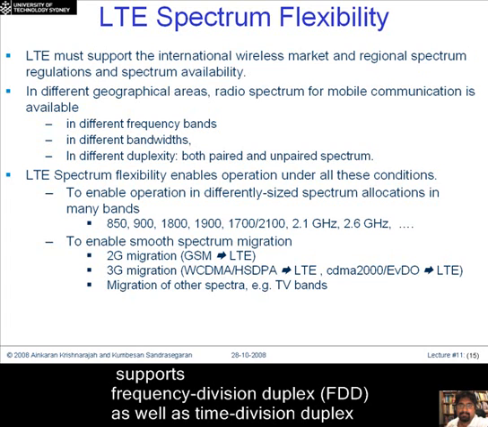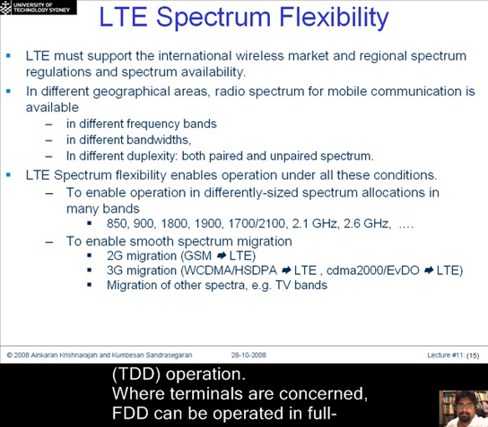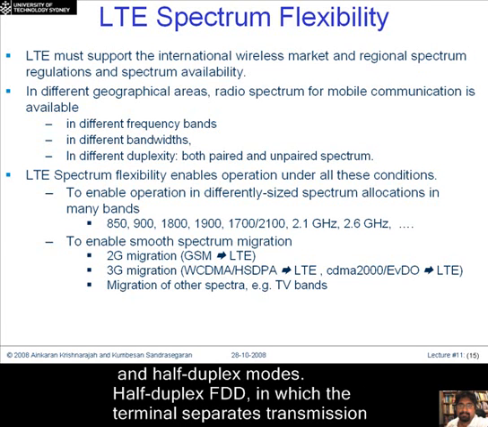Whether you're looking at the 850 band, the 900 band, which were the GSM 900 bands, or the 1800, 1900 band, which were from the GSM 1800 bands, or the 1700, 2100 bands, or the 2.1 gigahertz band, or the 2.6 gigahertz, in all of these bands, LTE should be able to operate.